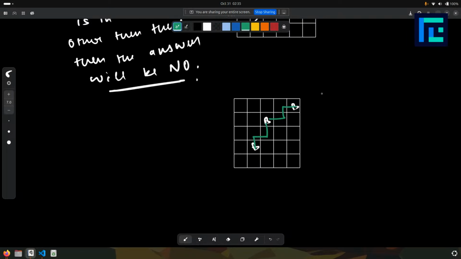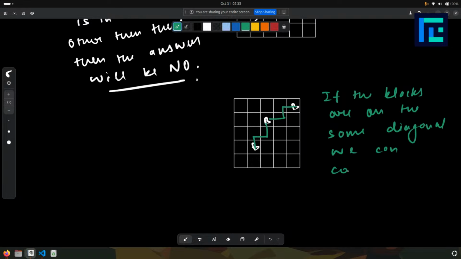So if the blacks are on the same diagonal, we can connect them. If one black is here and the other two are on this diagonal, we can connect them with this black. Let's analyze other cases as well.